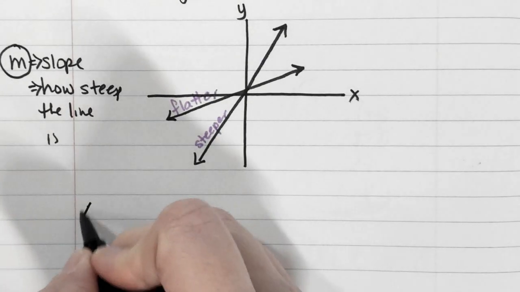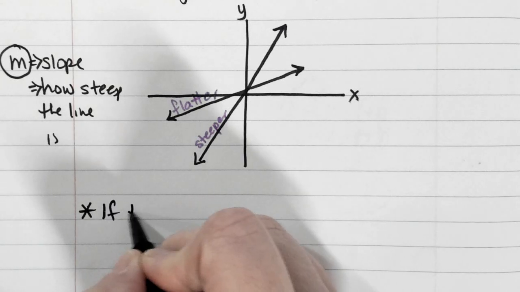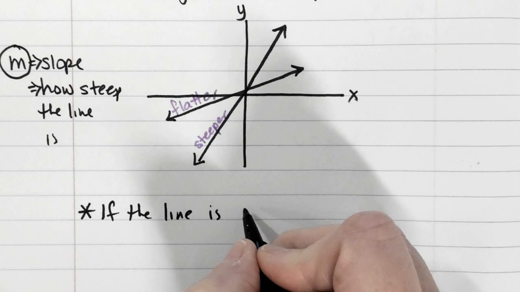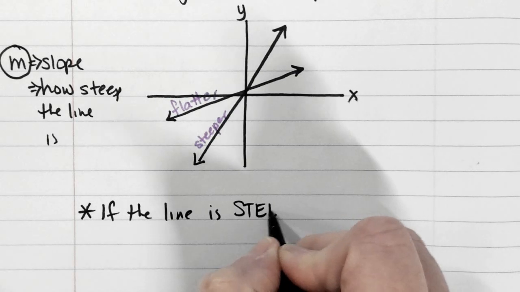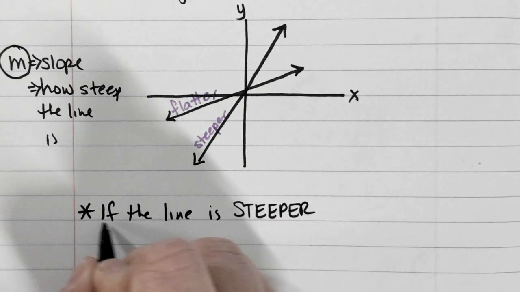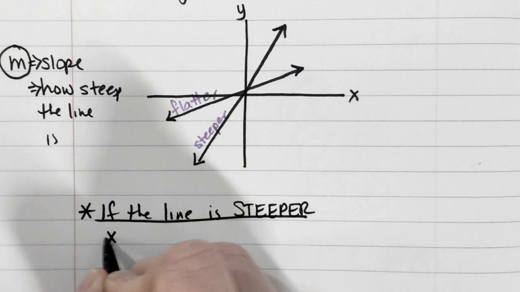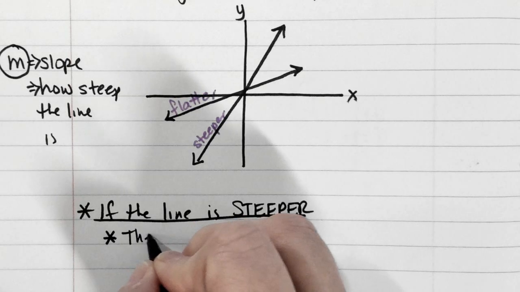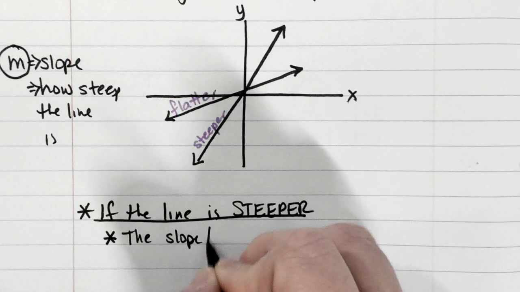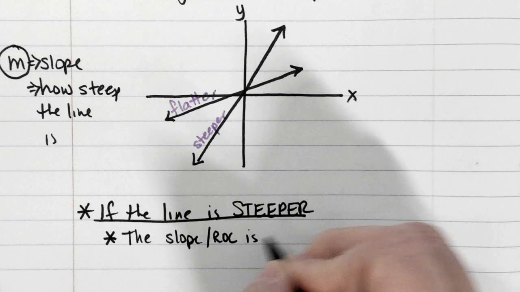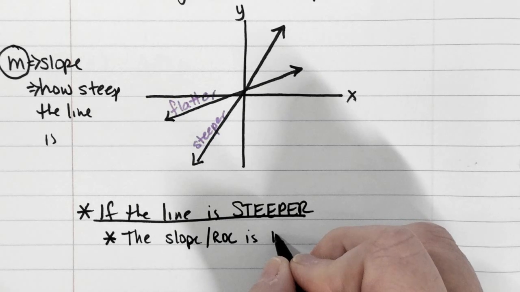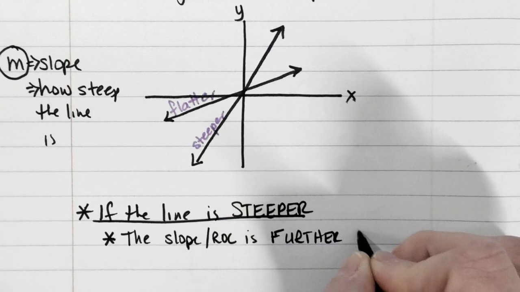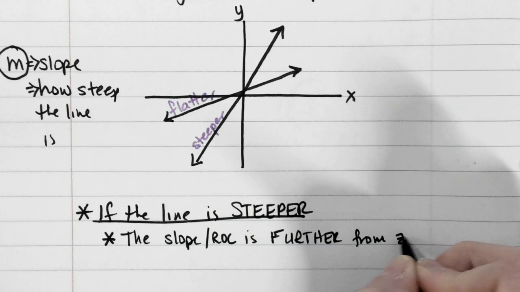Okay, so first of all, if the line is steeper, this means that the slope or rate of change is further from 0.